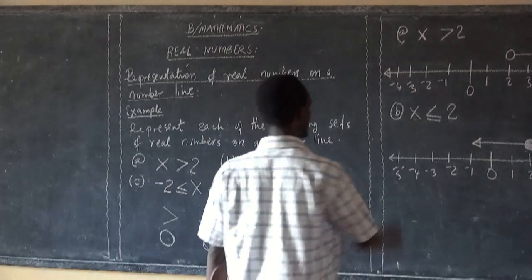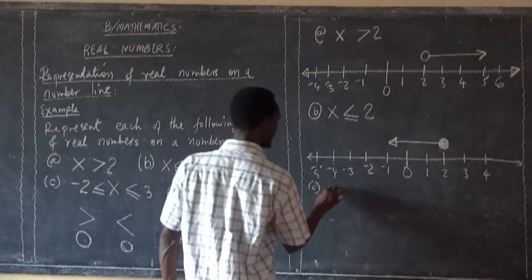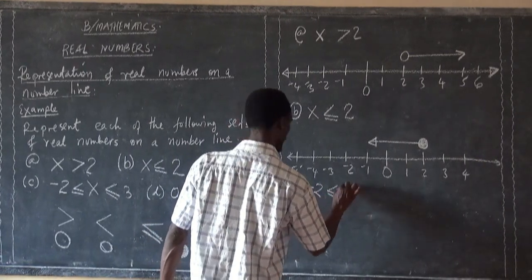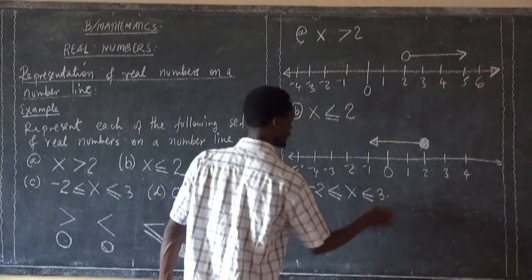Now, this was B. We have C, where we say -2 is less than or equal to x, and x is less than or equal to 3.